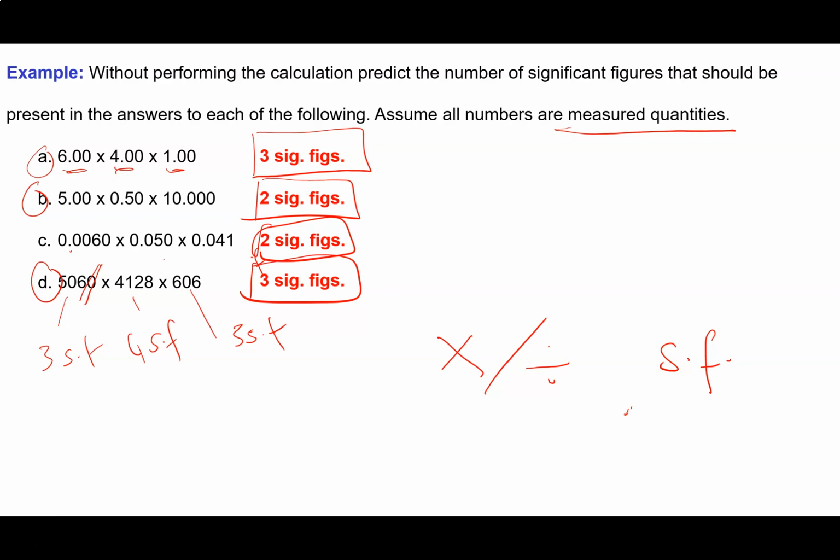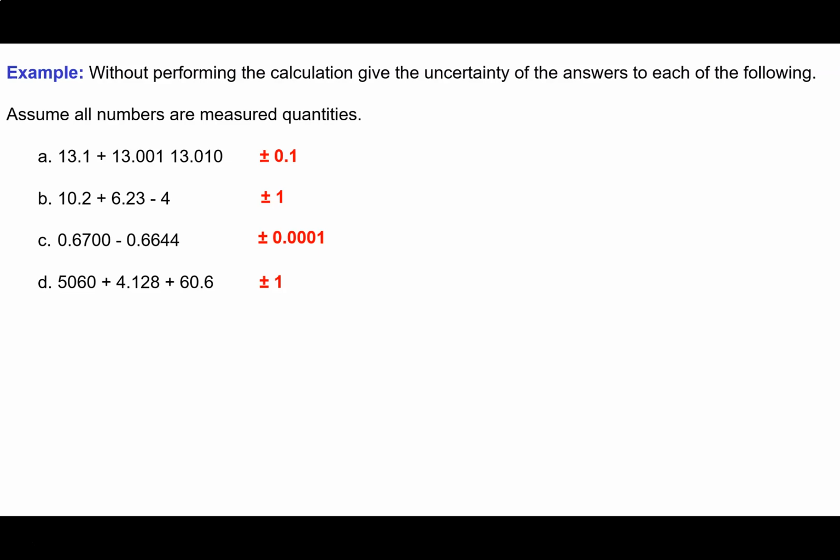Okay, pretty good. All right, so let's see some examples maybe where we're adding and subtracting. So here we go. It says, without performing the calculation, give the uncertainty of the answers to each of the following. Assume all numbers are measured quantities. So this guy here is known to plus or minus 0.1.